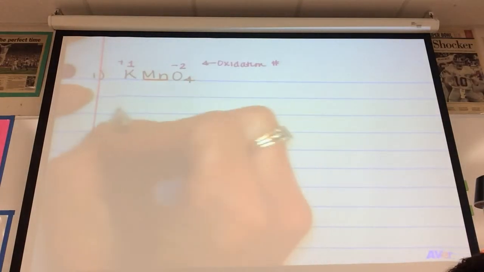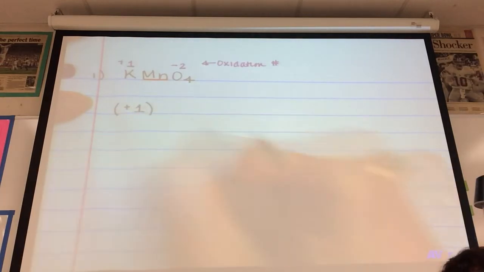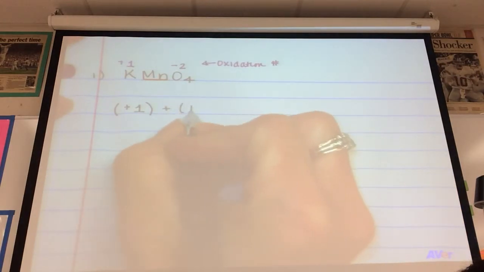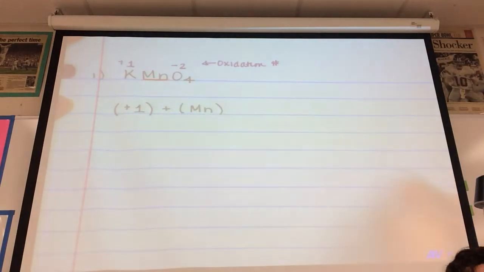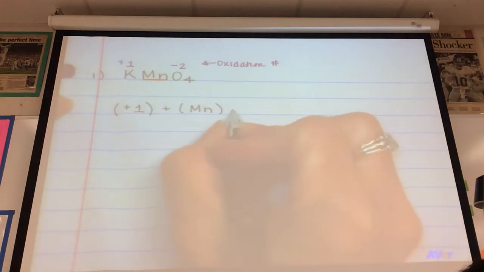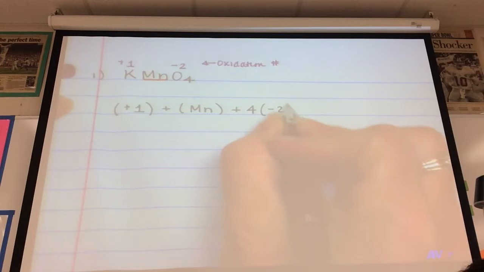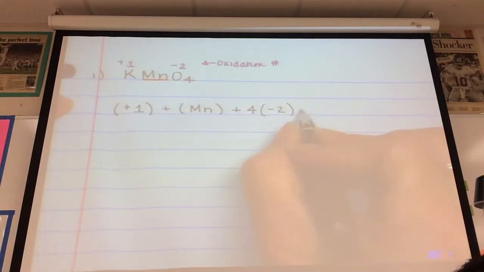I have 1 potassium with a +1 oxidation number. I have 1 manganese, that's what I'm looking for. I have 4 oxygen, each with a -2 oxidation number. I'm going to set that equal to 0.